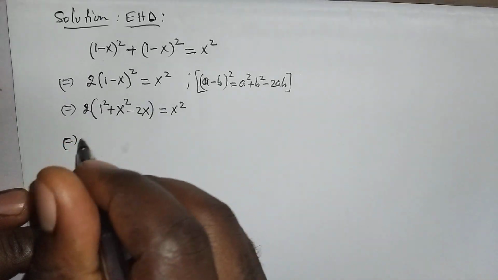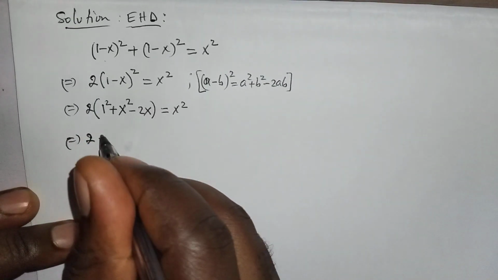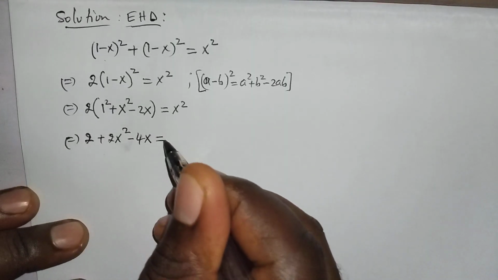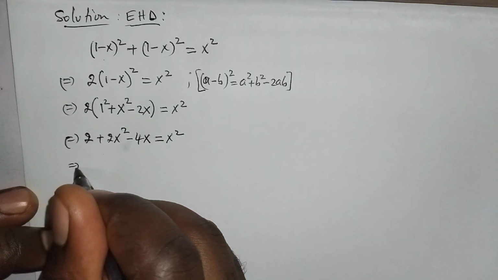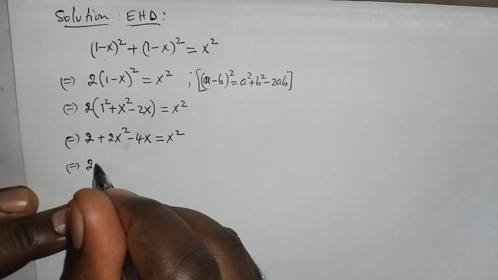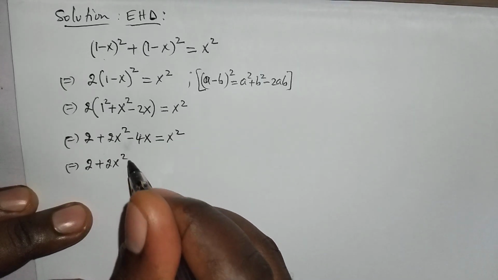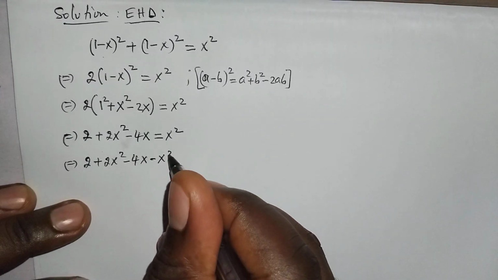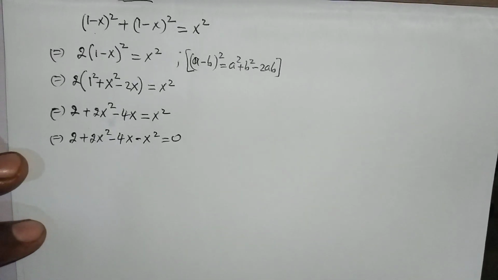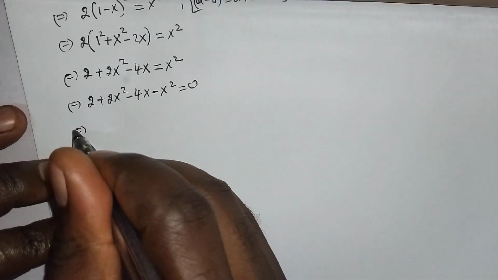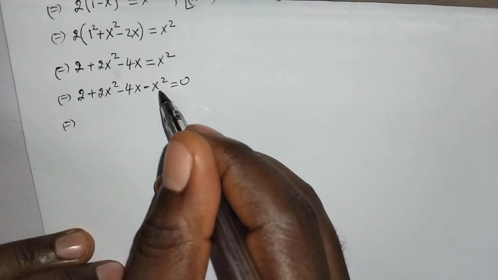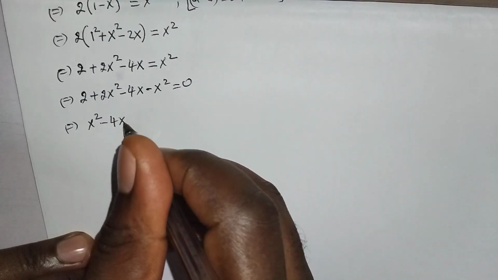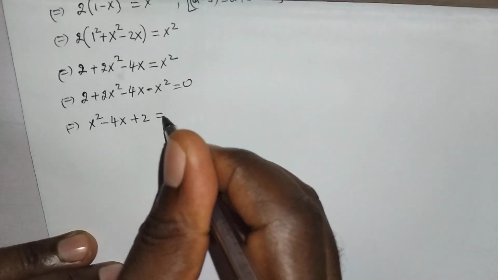This is 2 plus 2x squared minus 4x, which is equal to x squared. Then minus x squared is equal to 0. This is 2x squared minus x squared is x squared, then minus 4x plus 2 is equal to 0.